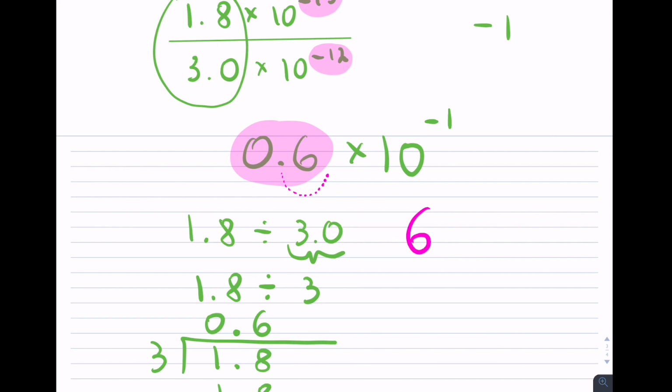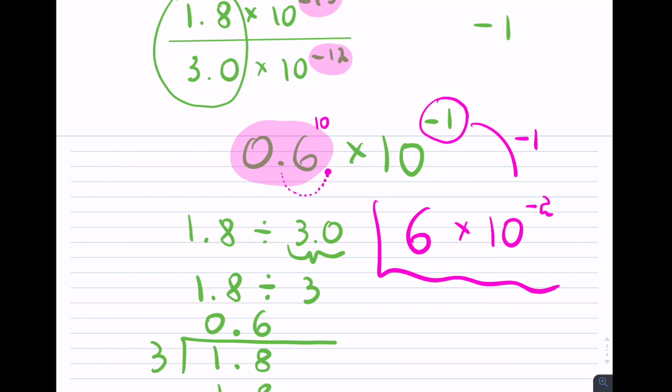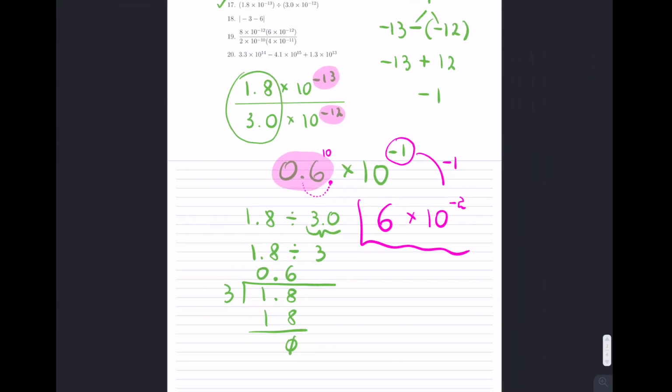Because we're bringing it here, we're multiplying by 10. So if we're making this bigger, then this has to get smaller. Making it smaller by just that one shift, it's going to be negative 2. And that completes the question.